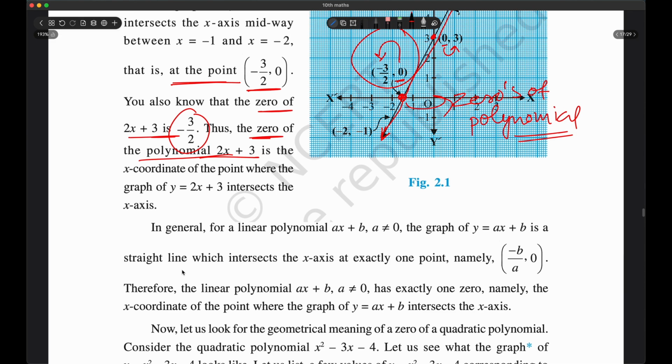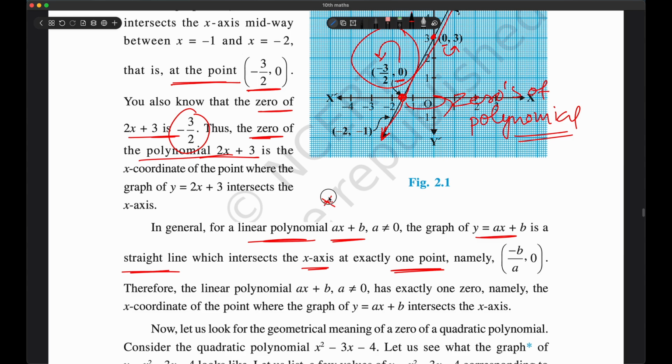In general, for a linear polynomial, that is of the form ax plus b, the graph y equals to ax plus b is a straight line and intersects the x-axis at only one point.